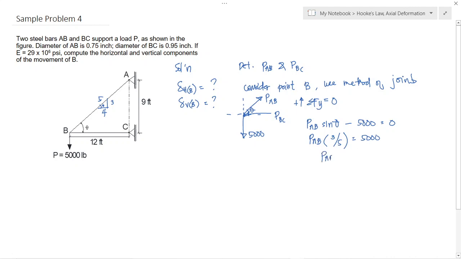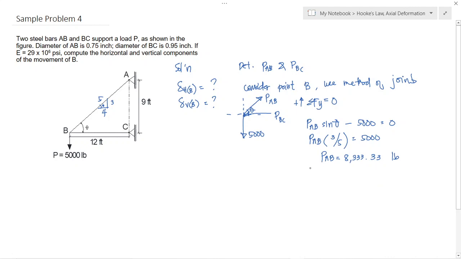So now we have the value of PAB equivalent to 5,000 multiplied by 5 divided by 3, which is equivalent to 8,333.33 pounds. Take note, we used 5,000 pounds and the result is also in pounds. Save that in your calculator so that you substitute the exact value in the later equation.